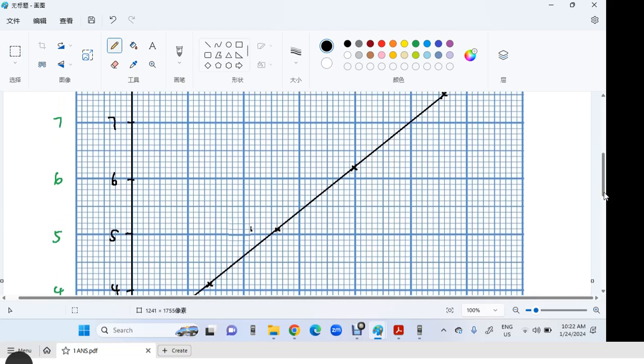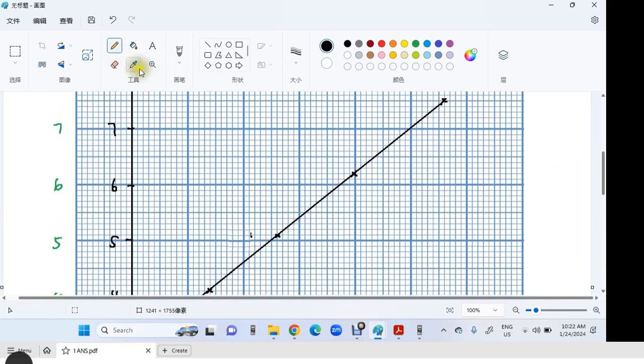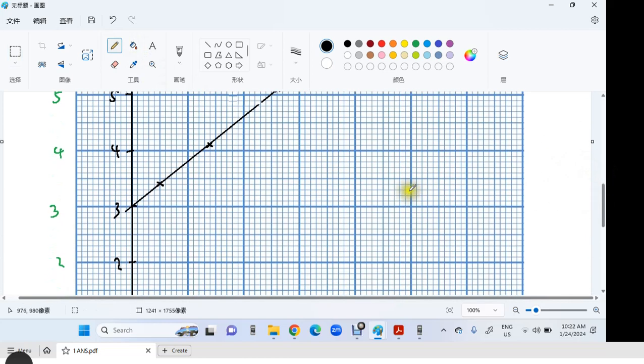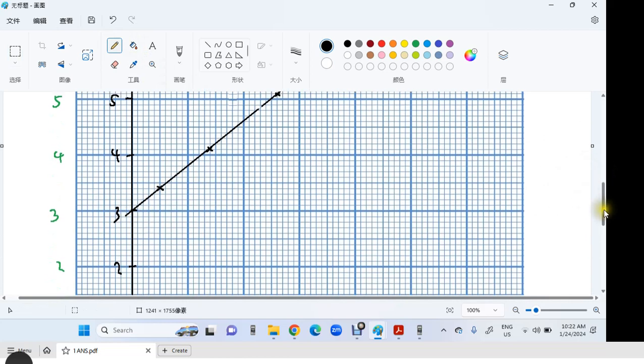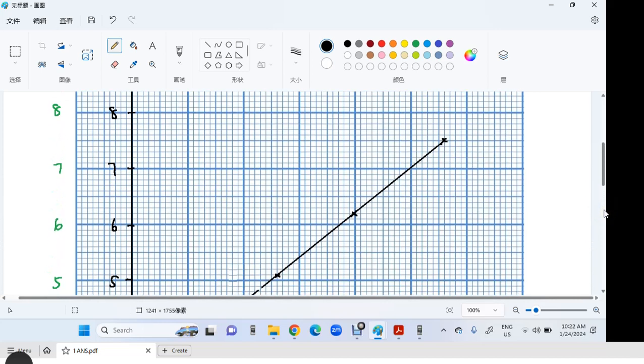Okay, for this one, what we will have is something like this. The y-intercept is 3, and then we can find the gradient.